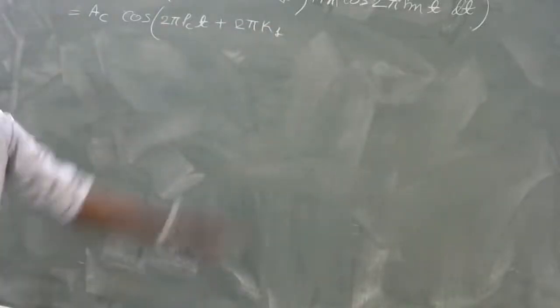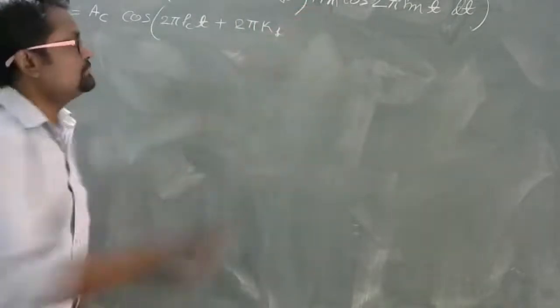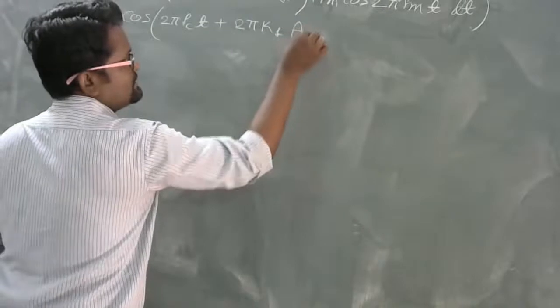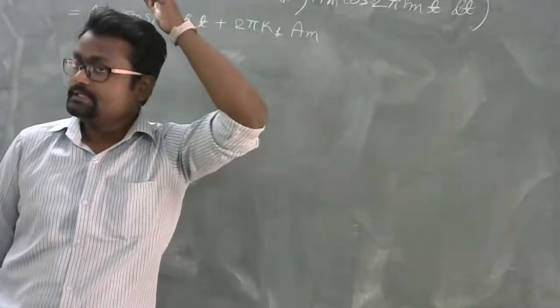Now after integration, what we will get? Which one is the constant term here? Am is the constant term here. So first we will take the constant term to the outer side of the integration. Now after the integration of cos 2 pi fm t, what we will get?